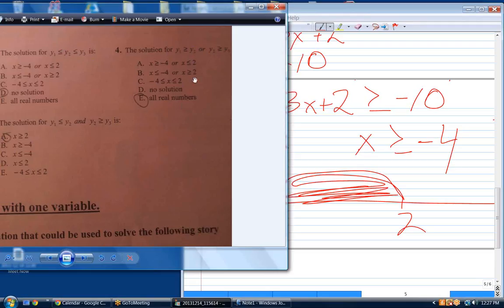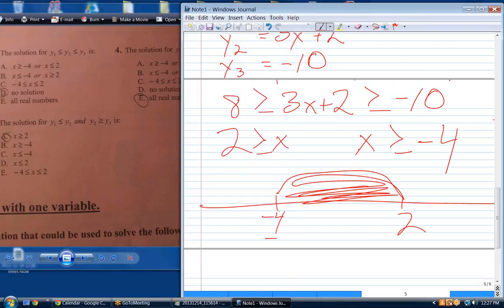And if you solve each one individually, I think you probably end up with all real numbers, although I don't quite see it. I guess in the first case you end up with x is greater than 2. In the next case you end up with x is greater than minus 4.